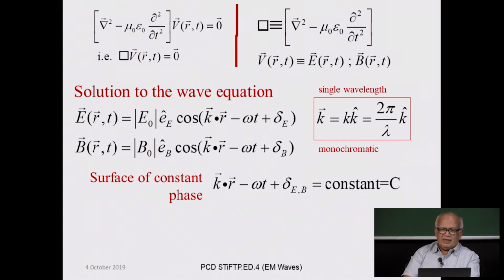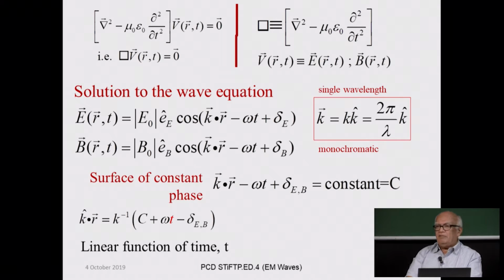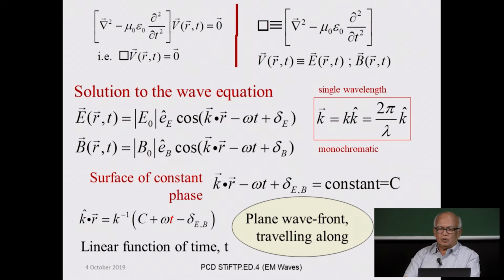So, you can see that you are having a plane wave solution, but you also see that the argument shifts with time. So, it is going to be a plane wave which is a linear function of time, which is why it is a propagating plane wave, it is a travelling plane wave.